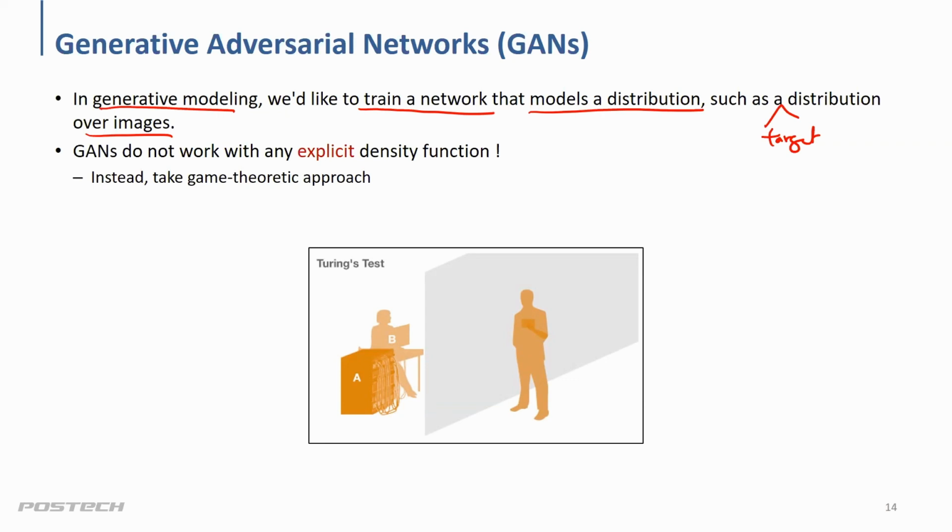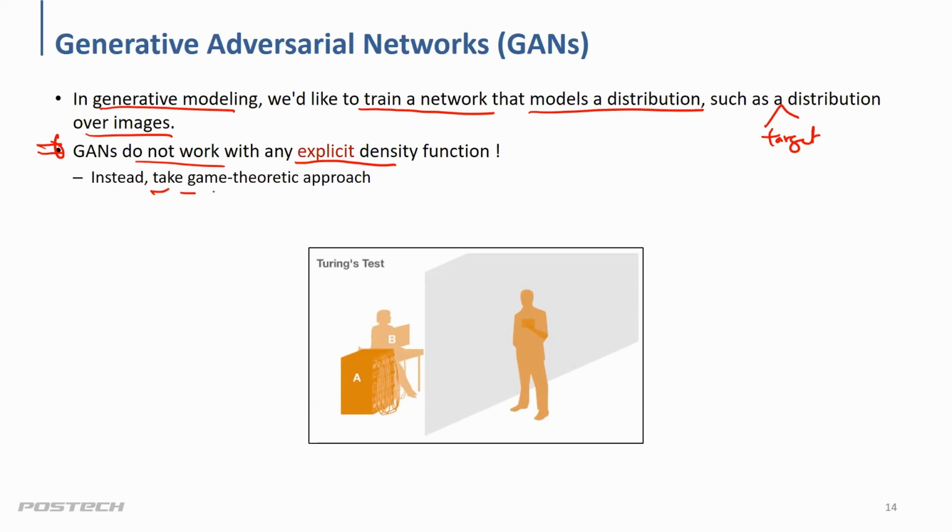Here is the big moment where the GAN idea kicks in. It does not work with explicit density functions. So forget about it.